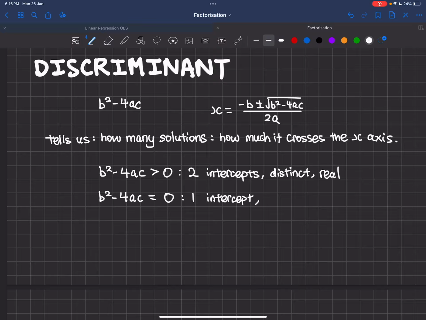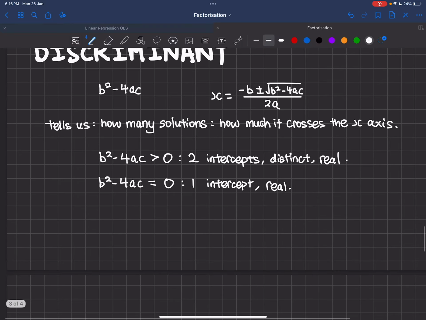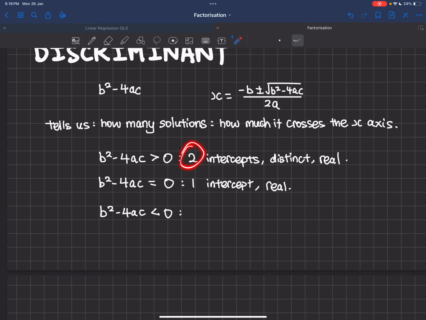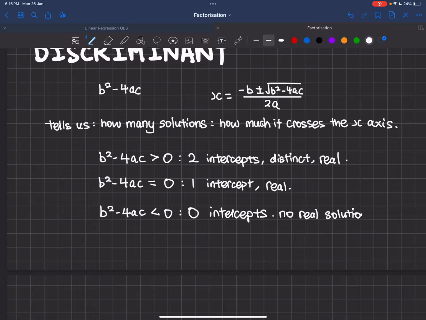What distinct means is just like unique. No, it is not distinct, but it is real because we can see it on the graph. When b squared minus 4ac is less than 0, well, as you can see, 2, 1, what's next? 0. 0 intercepts. And we will go into the world of, we don't have to worry about that right now, but no real solutions.